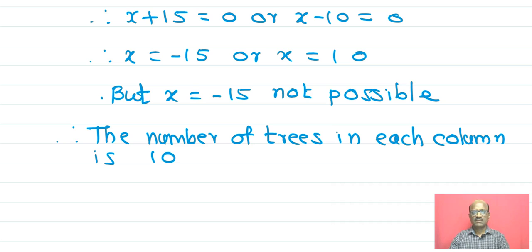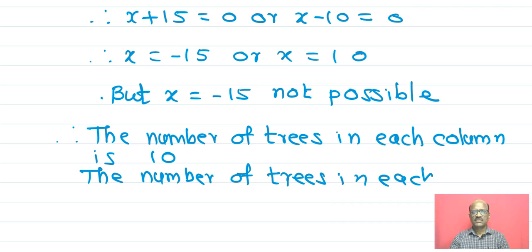Therefore, the number of trees in each row is equal to 10 plus 5, that is 15.